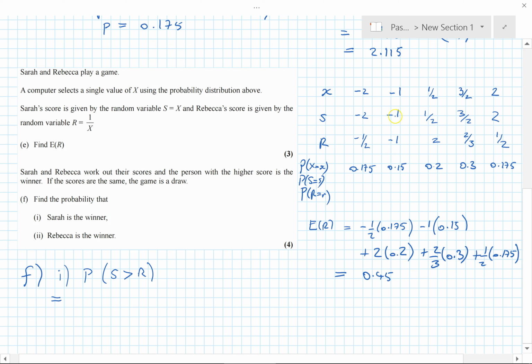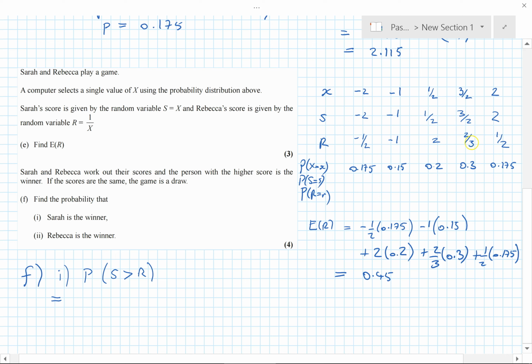It's not true here either, because they're the same, and that would be a draw. It's not true here either, because R has scored more than S, because that's 2.5. Okay, R is good.